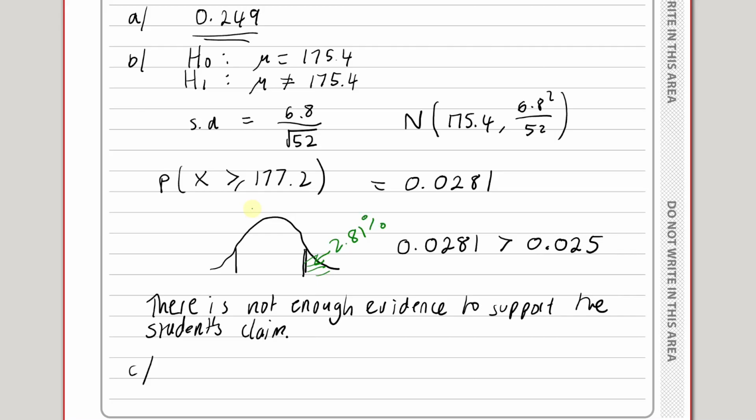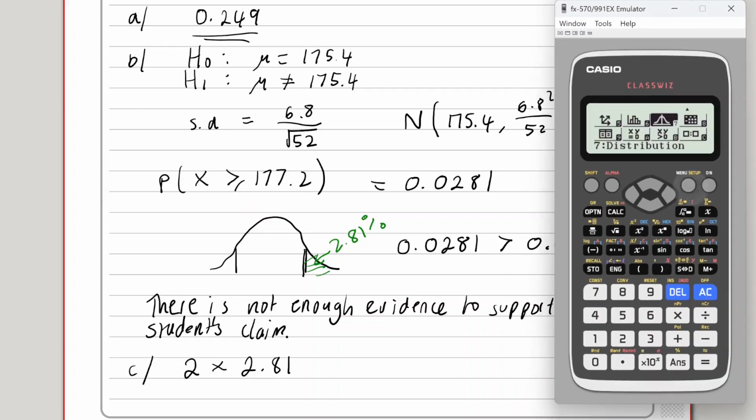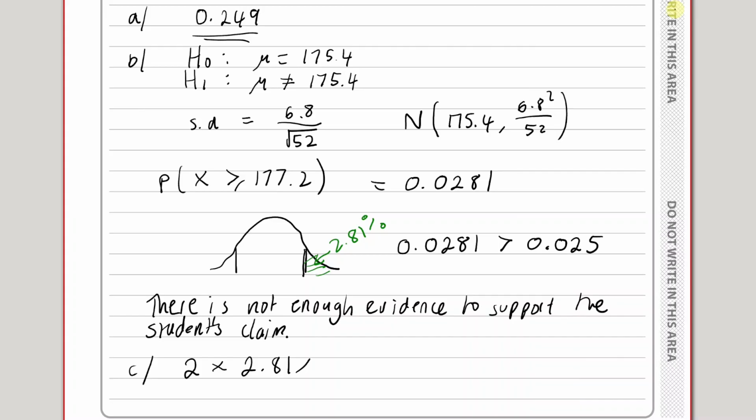So if we had the same on the other side, 2.81%, that means the chance is 2 times 2.81. So answer times 2, 0.0563. So 5.6%.